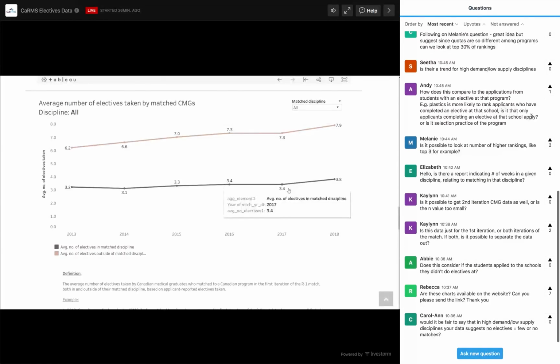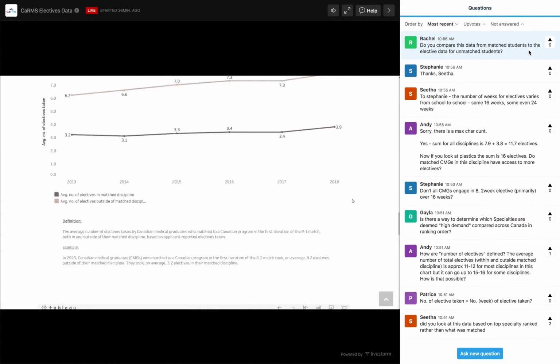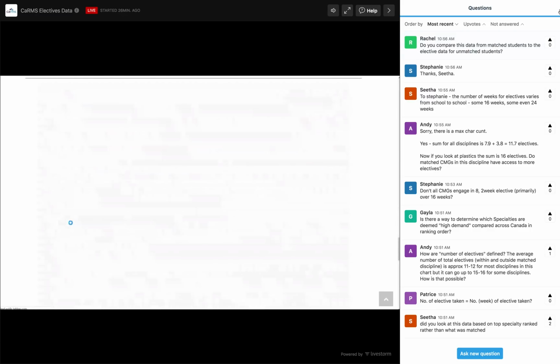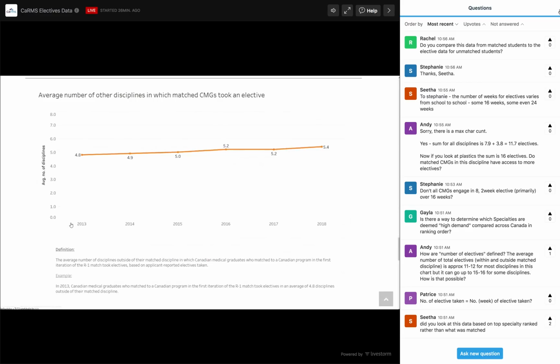Okay, let's move to the next slide, which is slide number 6 in our series. This is a view of the number of disciplines in which CMGs have taken electives outside of their matched discipline. Keeping in mind that some CMGs match to a discipline without taking an elective in it, you can't automatically assume that it's this number plus 1.